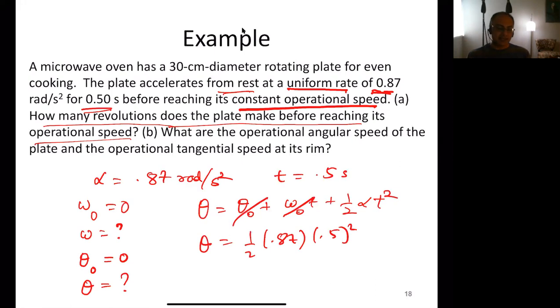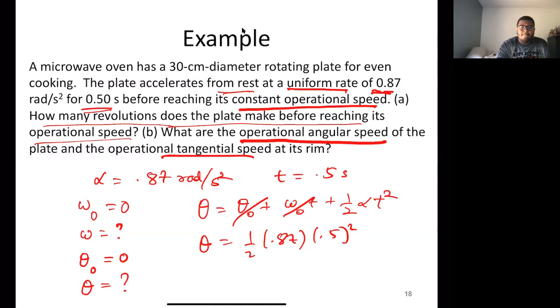That makes sense? And to do the second part of the problem, what are the operational angular speed and the operational tangential speed? Let's do the operational angular speed, which is the final omega. How can I find the final omega? Which equation will help me find that? The first one? Yes, I know the time.